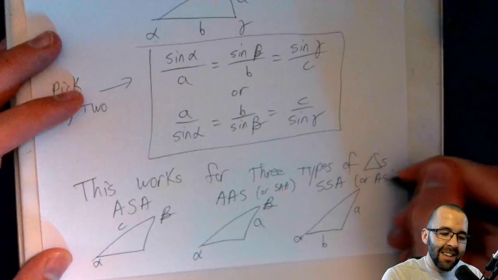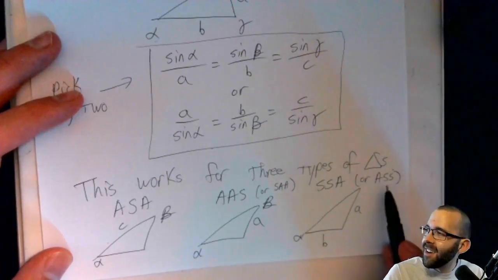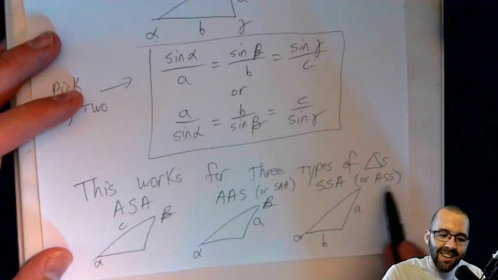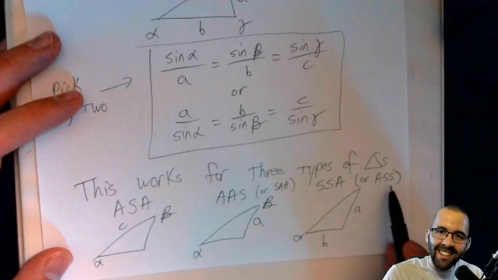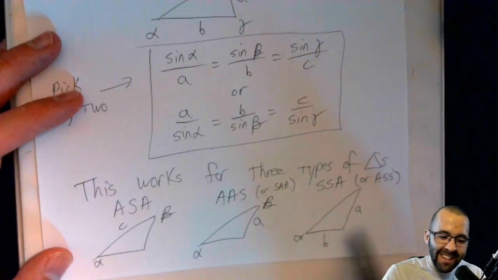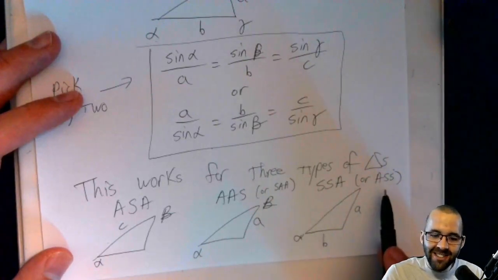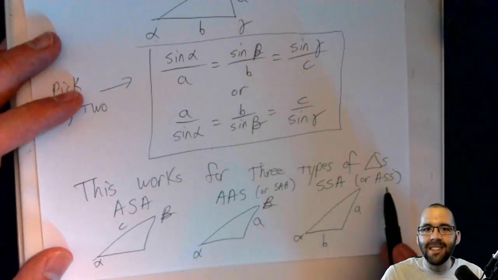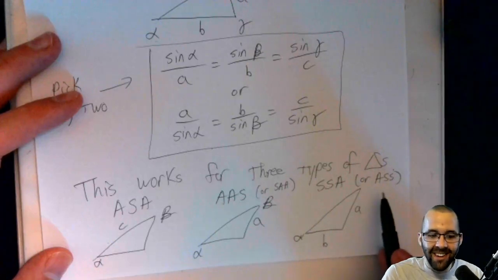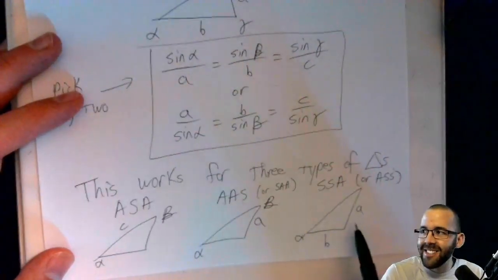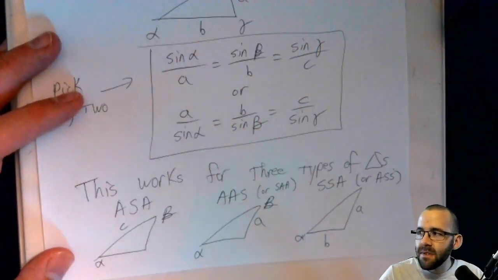This could also be written like this. It is convention that we do not write it like this. But these triangles suck, okay? So if you want to call these ass triangles, you have my leave. I will not be calling them ass triangles, but these ones suck, okay? This case is garbage, all right?